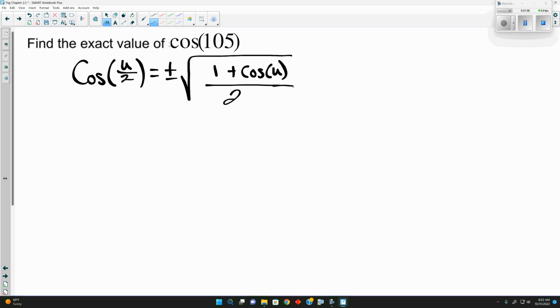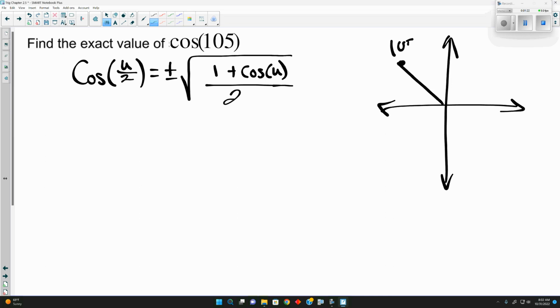Now we know the angle is going to be positive or negative based off of where u over 2 lies on the unit circle. And on the unit circle for this here, if we're looking at 105 degrees, we're in the second quadrant, because that's going to be between 90 and 180 degrees.